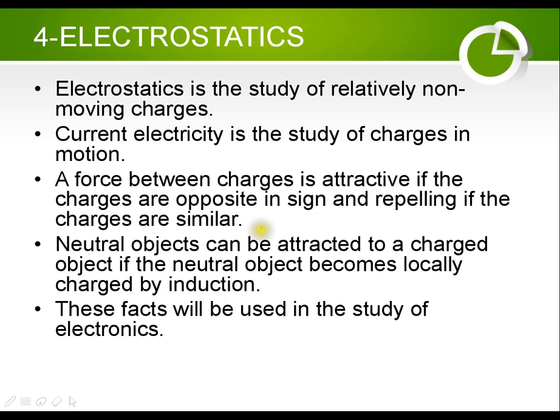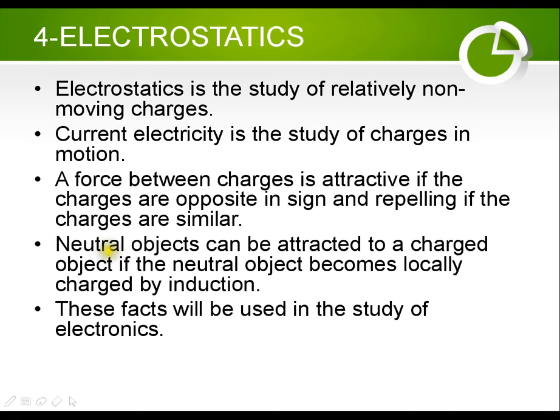Neutral objects can be attracted to a charged object if they become locally charged. A neutral object has no attraction or repulsion unless it is charged externally by some process.